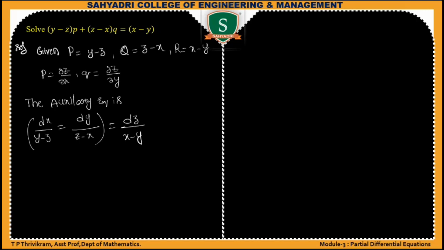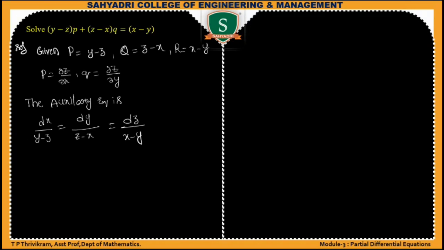Now, is it possible to solve if you do cross multiplication? Will it be integrable easily? No, right? Because one more letter z is involved. We cannot integrate again. So for that sake, we have to go for Lagrange multipliers.